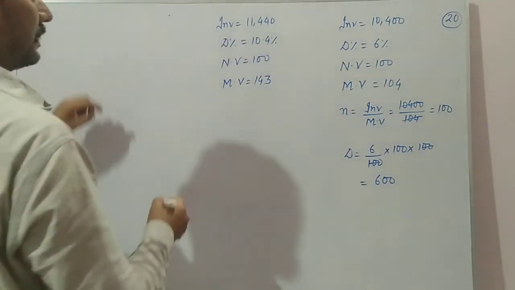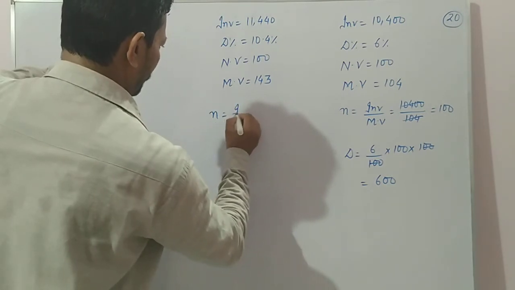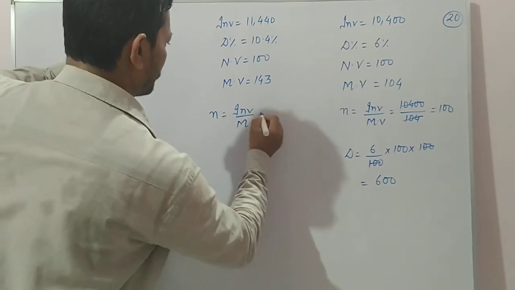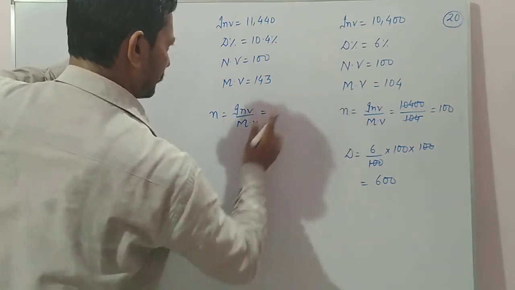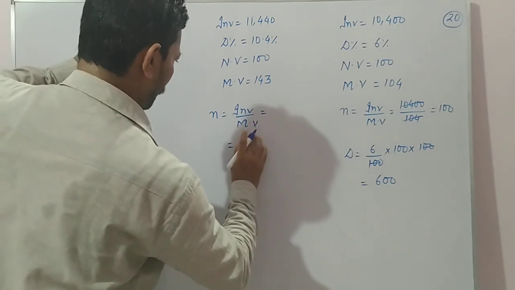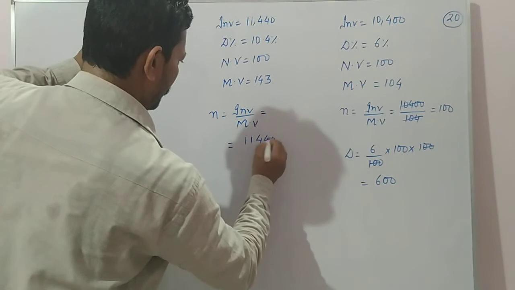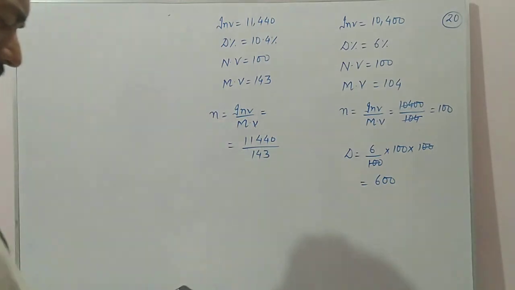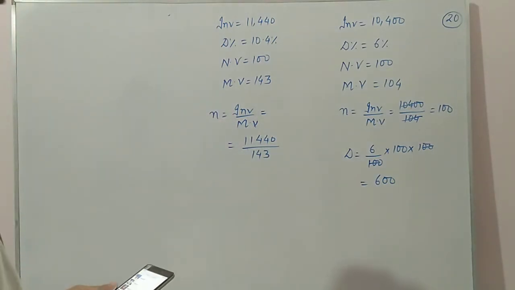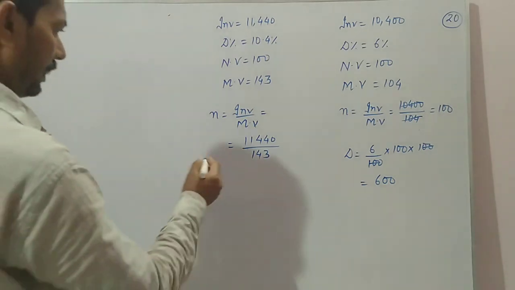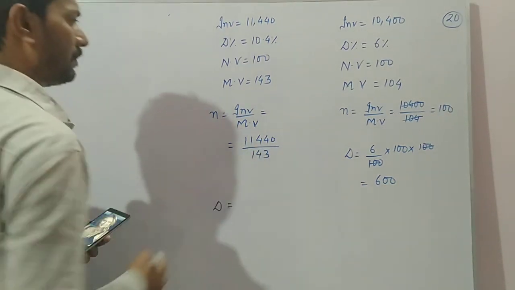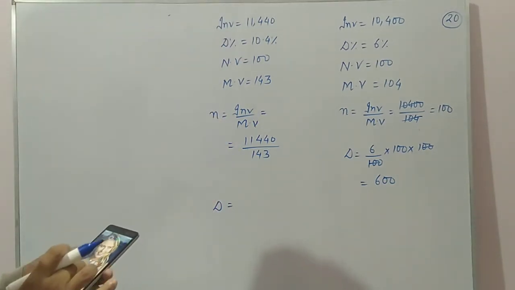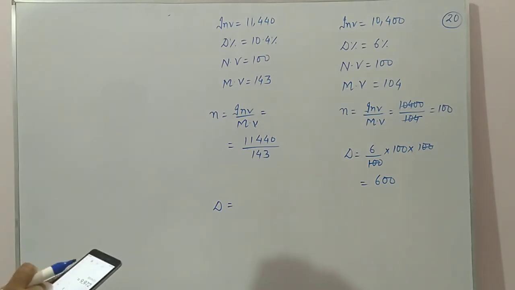Second part, again we find the number of shares, that is investment by market value, 11,440 by 143. Then we find the dividend, again dividend percent by 100 into number of shares into nominal value.